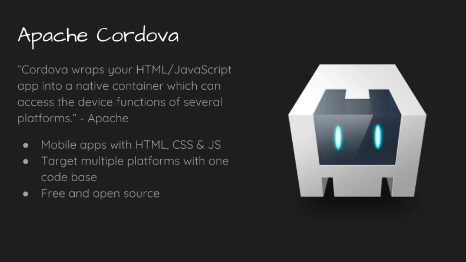I think IBM as well has something that's based on Cordova. There's a framework for writing mobile applications called Ionic, and Ionic is also based off of Cordova. There's a lot of different applications and frameworks like this that use Cordova as a base.